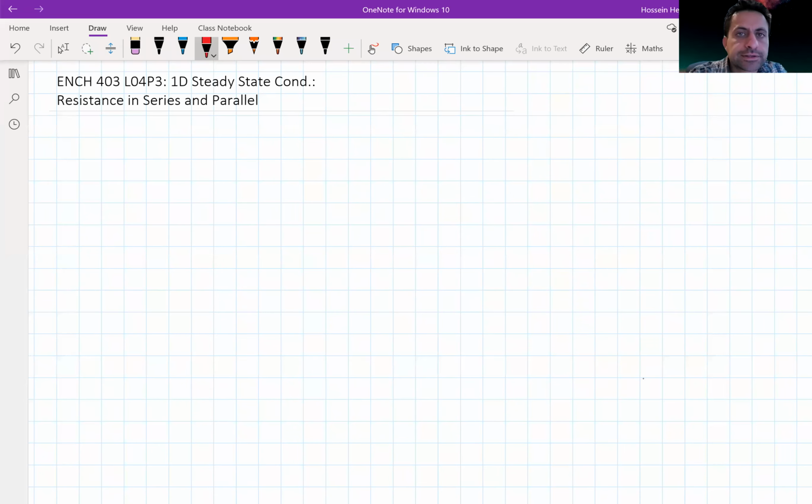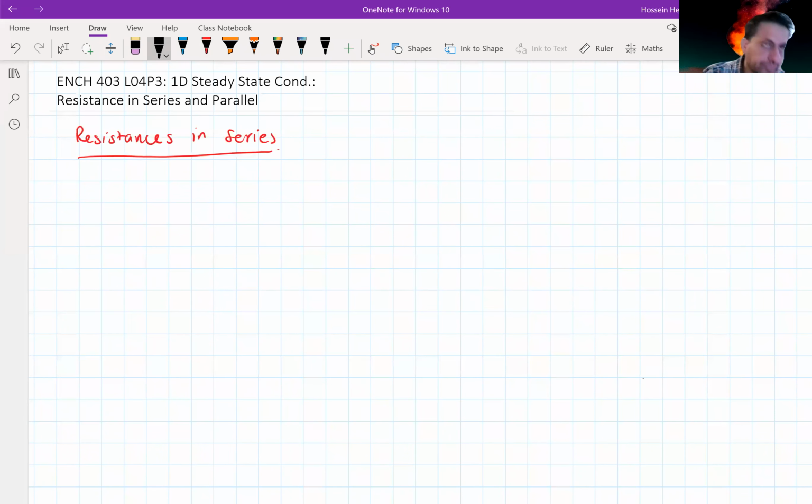A composite material or solid can have layers in series, parallel, or a combination of both. Let's look at each of them briefly. When we have resistance to thermal flow in series, then the overall thermal resistance is going to be the summation of its resistances.